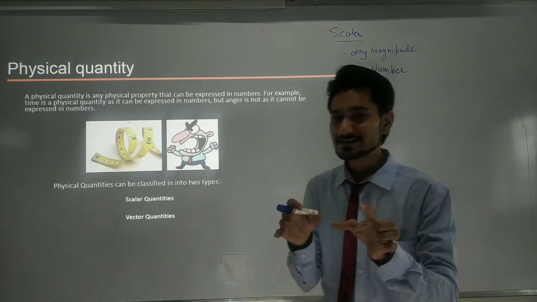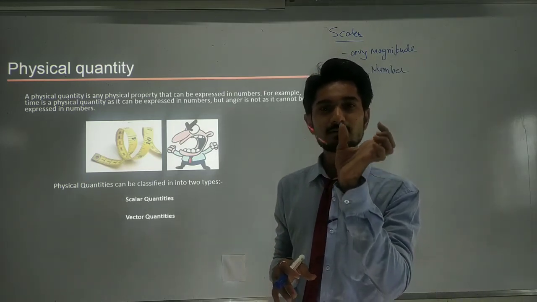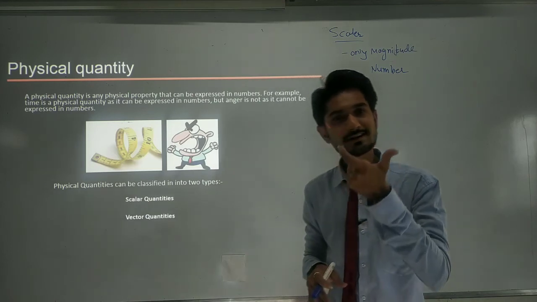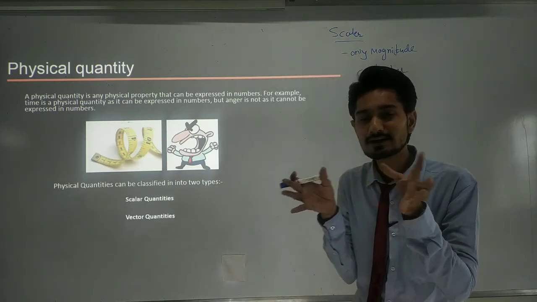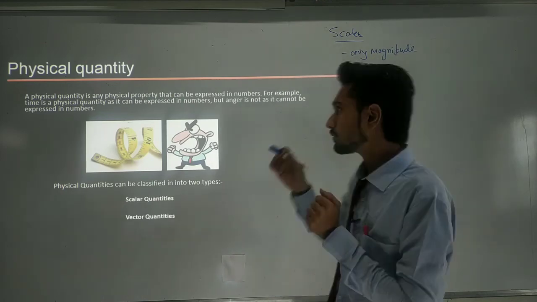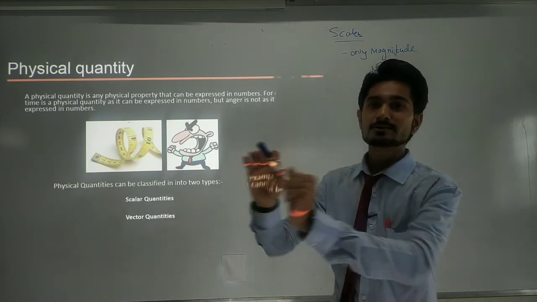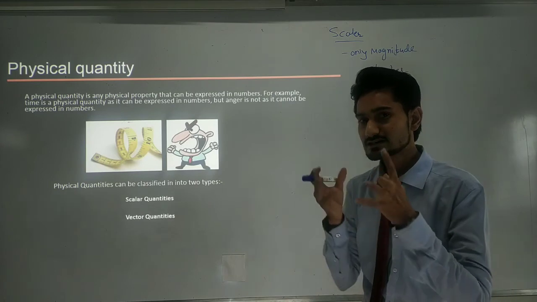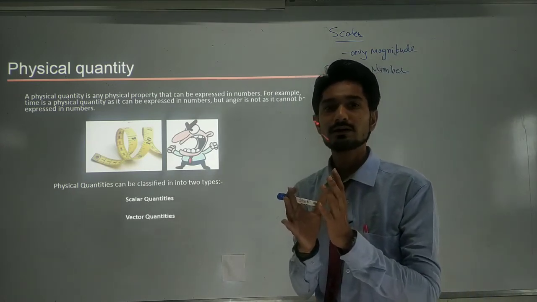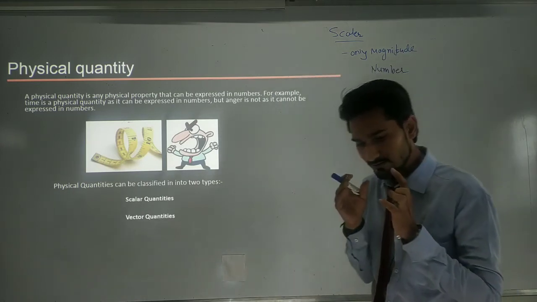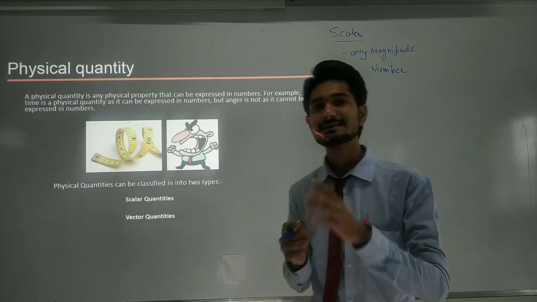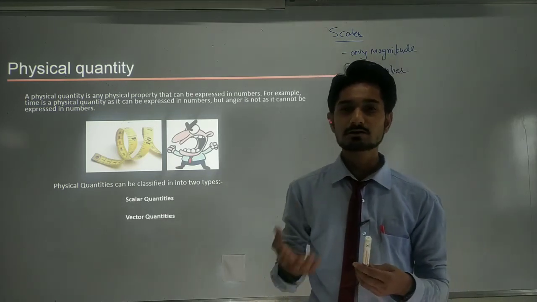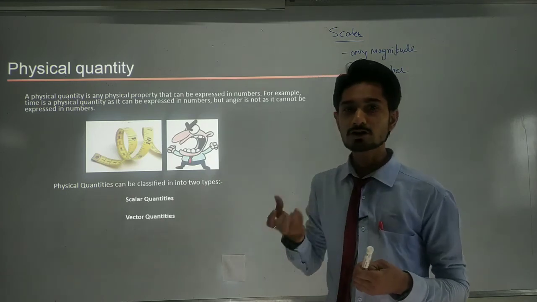But what am I saying? That it is represented only by numbers. So it only needs the magnitude, and we can understand the quantity by that. So mass is a quantity which we can understand by only a magnitude. But have you ever heard your mom going to the bazaar and saying, can you please give me 2 kilograms of mango in a north direction?